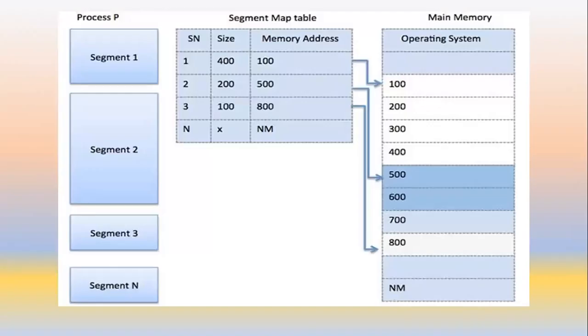From this diagram, we can see that we have process P, and this process P has been broken down into various segments of varying sizes.